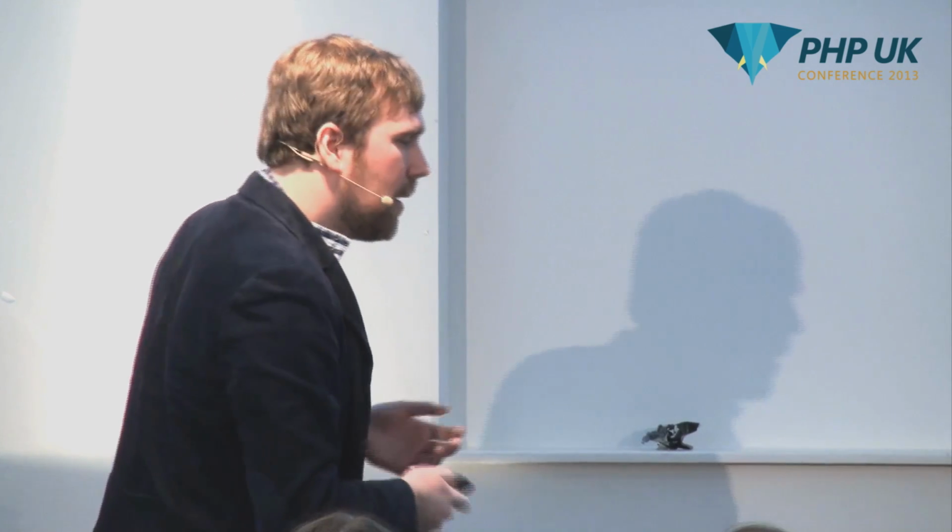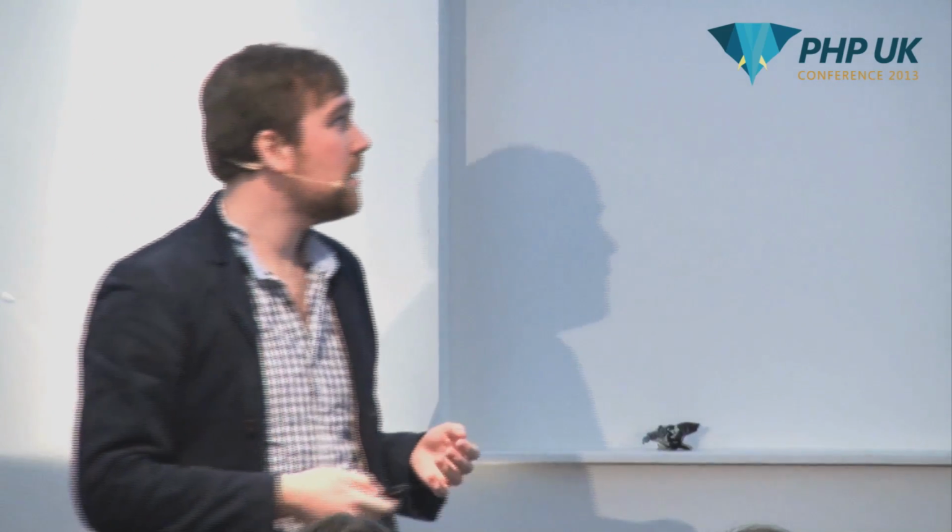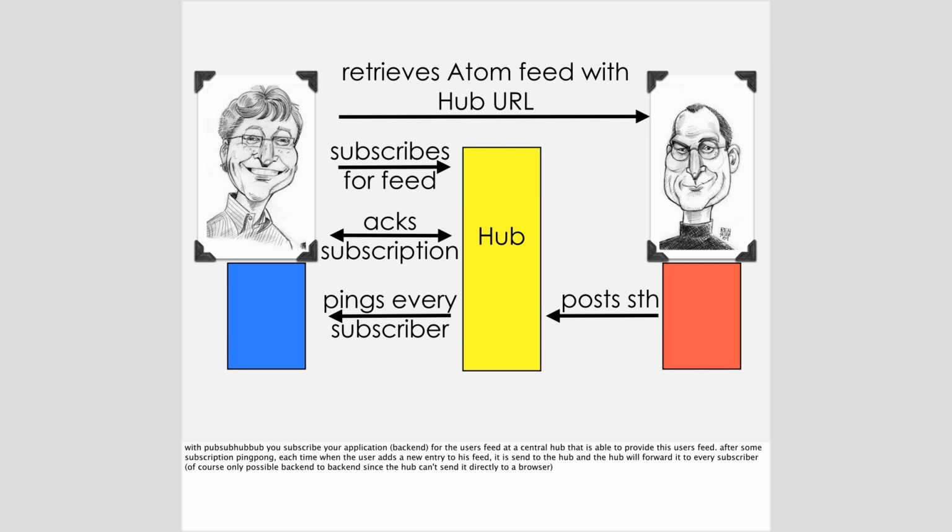It works like this. When I have the API credentials of the user and I'm connected through OAuth, I also have the username and the user ID, and the stream URL of the user's home feed. If the API provider supports PubSubHubbub, I can register for this feed of the user at some central hub that provides this feed.